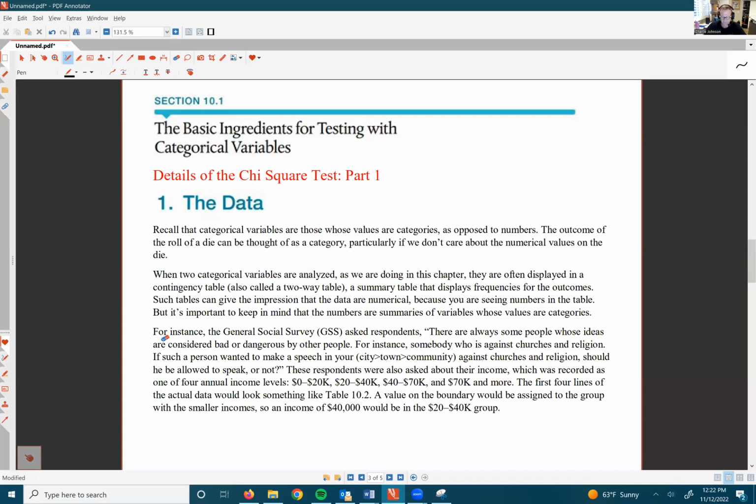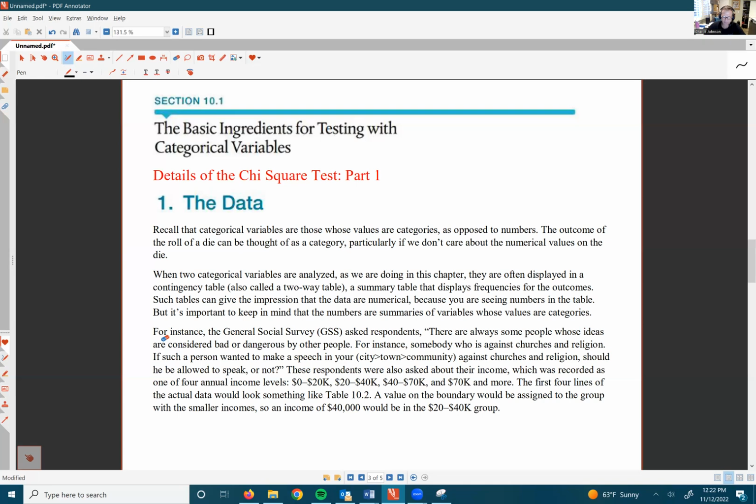For instance, the General Social Survey asked respondents, there are always some people whose ideas are considered bad or dangerous by other people. For instance, somebody who's against churches and religion.